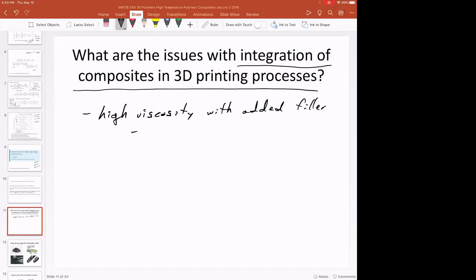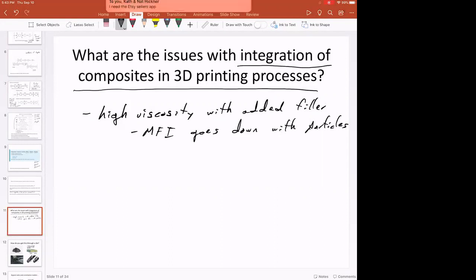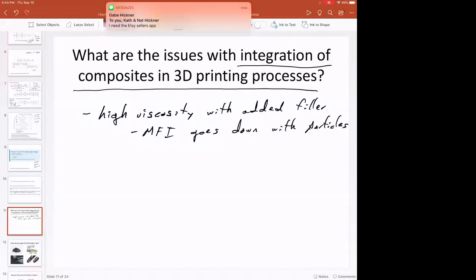So in general, the MFI goes down with particles. So if you have a polymer that's hard to process and you put particles in there, it's even going to get harder to process. So composites don't necessarily change the TG or the TM very much.